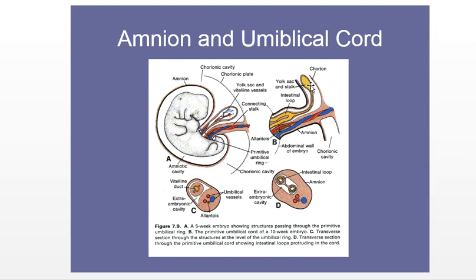It's a temporary event, and after 4 to 5 weeks, the intestinal loop comes back into the abdomen, and when the physiological herniation is finished, the vitelline duct and yolk sac degenerate. When the herniation is finished and the degeneration happens in the vitelline duct and yolk sac, as a result of expansion of the amnion cavity or amnion membrane, the chorionic cavity is obliterated.